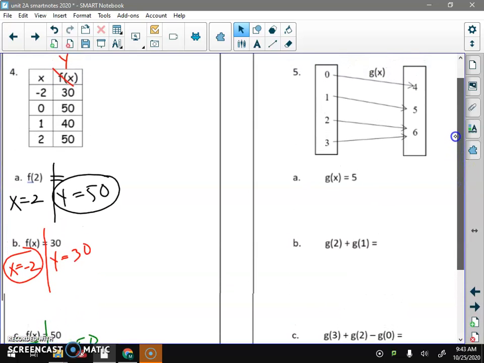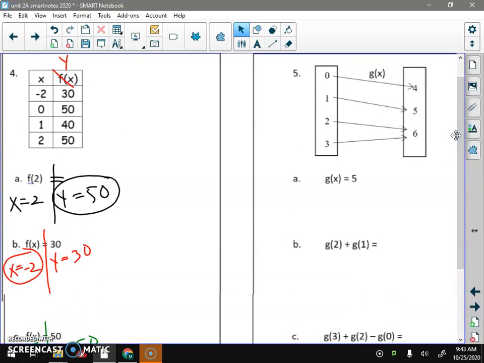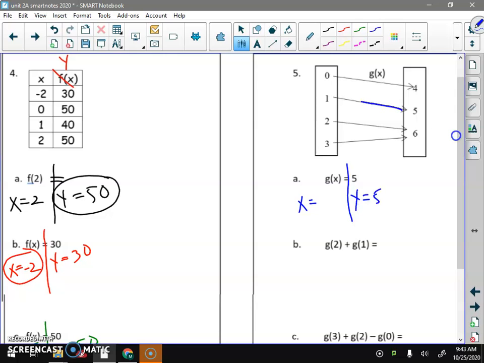Let's do it here. g of x equals 5. Go down, x equals, don't know, y equals 5. 5 goes to 1. g of 2, let's put it here. Give myself a little bit of room. x equals 2, what does y equal?